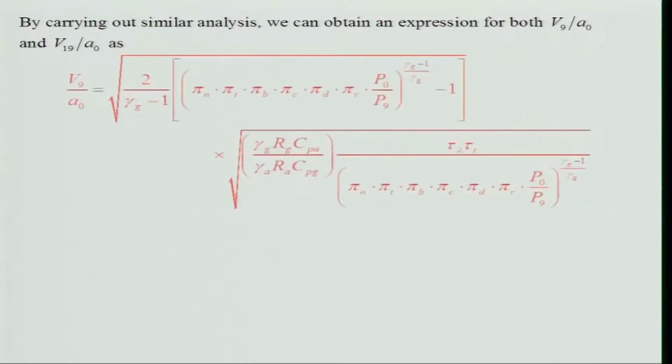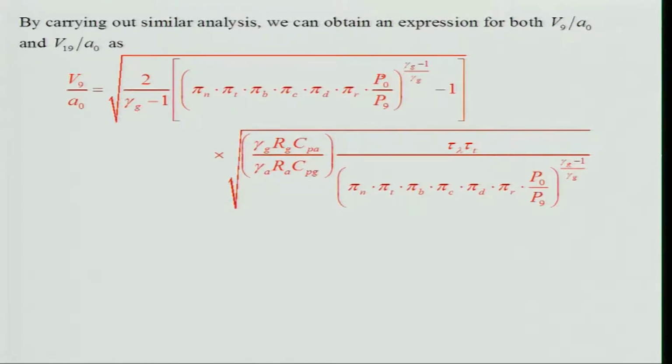So, by carrying out a similar analysis, we can get an expression for V 19, right, which looks quite big, but I have put it so that you can see it, and we have already learned how to get this kind of thing. It has various terms like pi n, pi t, pi v, pi c, pi d, pi r, and of course, P naught by P 9, right.